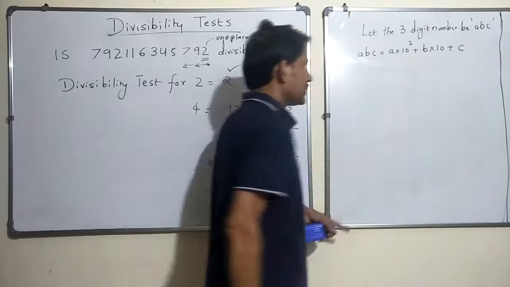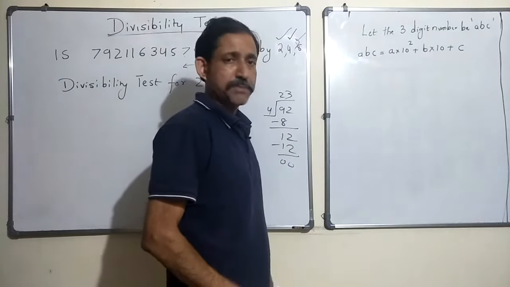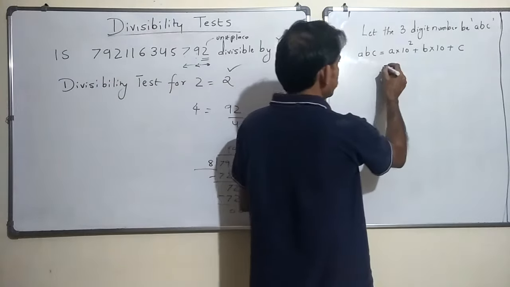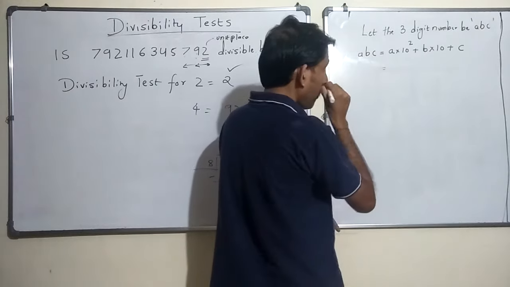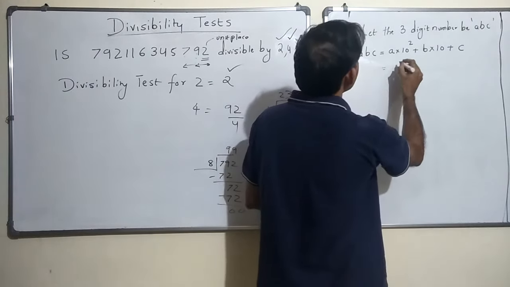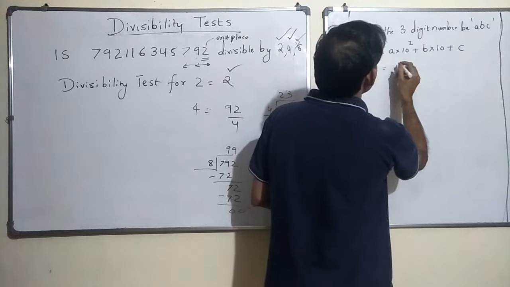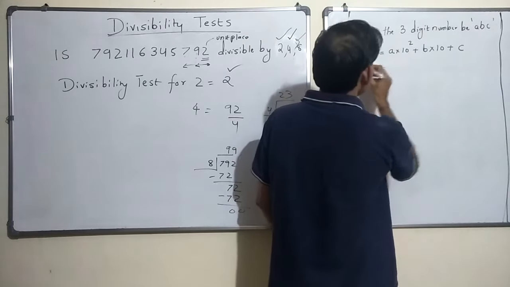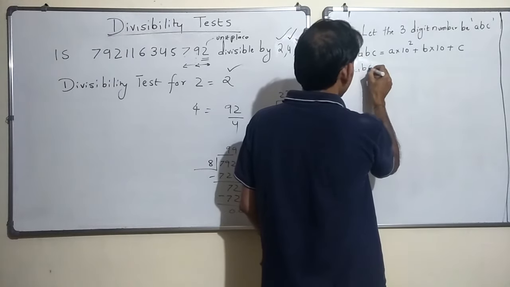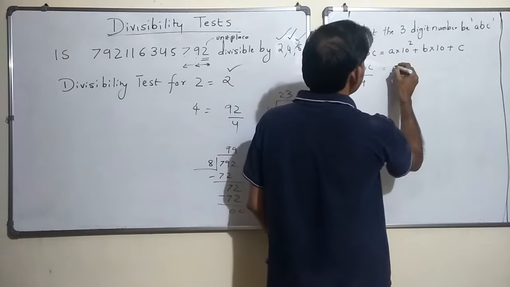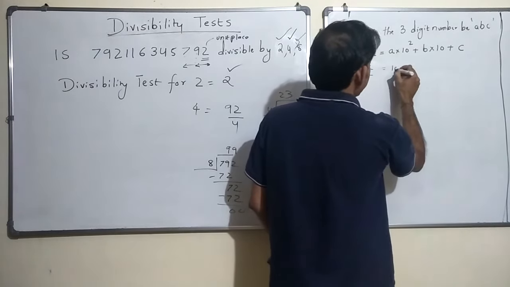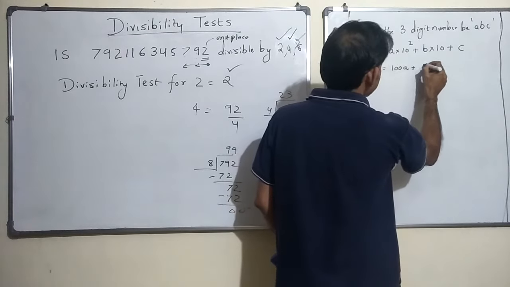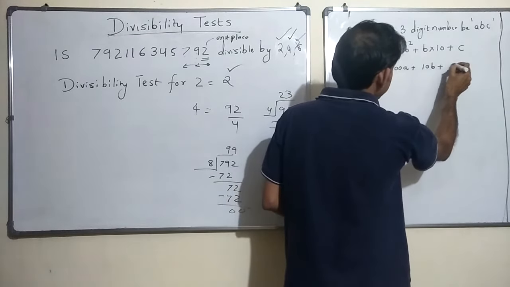This is the number in expanded form. So this is good. Now let's divide both sides by 4. So this becomes (100A plus 10B plus C) by 4.